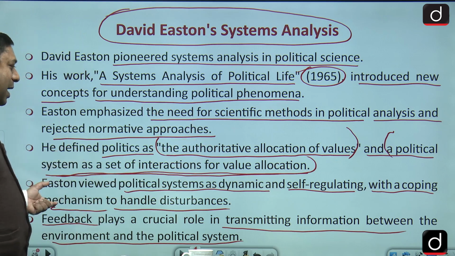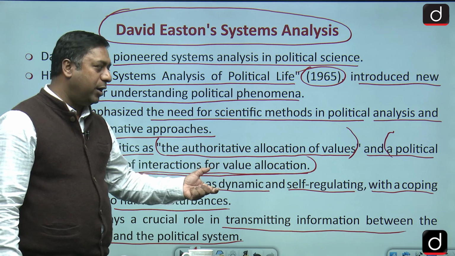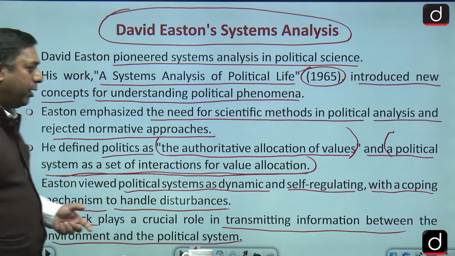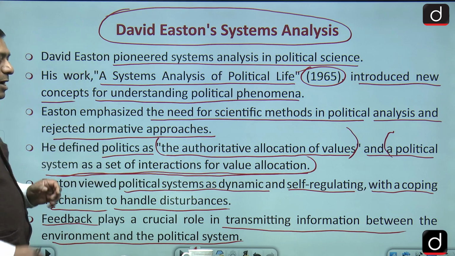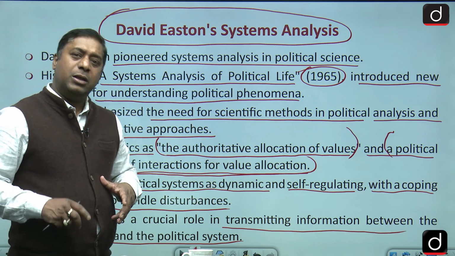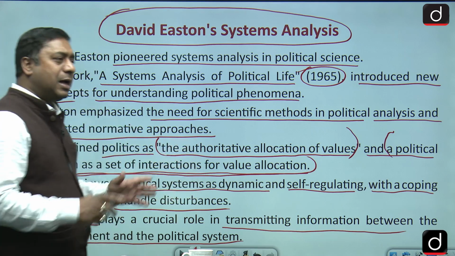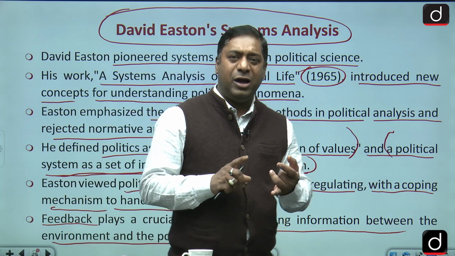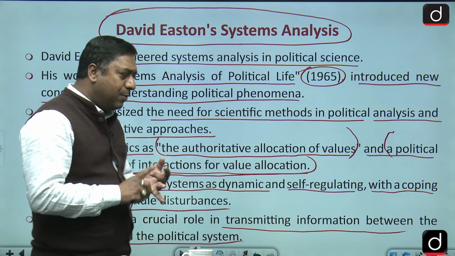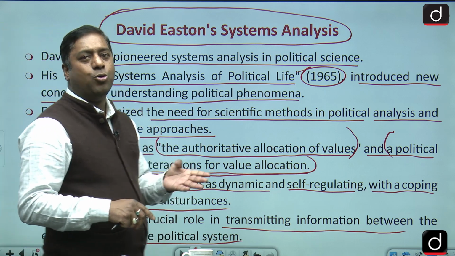He also said the political system is dynamic, self-regulating, with a coping mechanism to handle disturbances. That means there is a mechanism which will handle the disturbances. The key elements of this political system are feedback, environment, input, throughput and output.